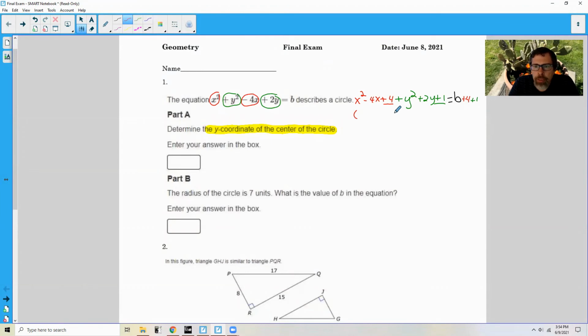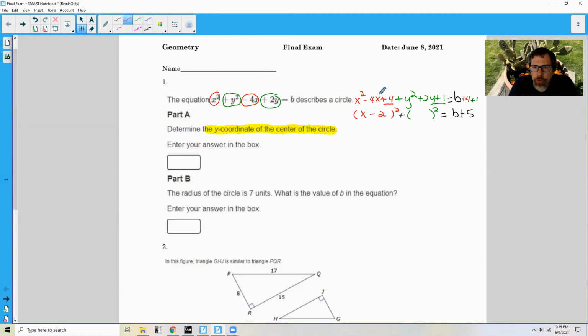Okay, now I can complete the square. 4 plus 1 is 5, so I'll just leave that b plus 5 for now. When I complete this square, I take half of b, and that's what goes in my parentheses.